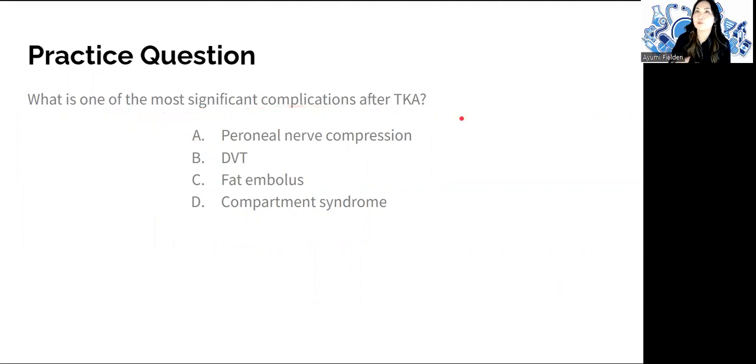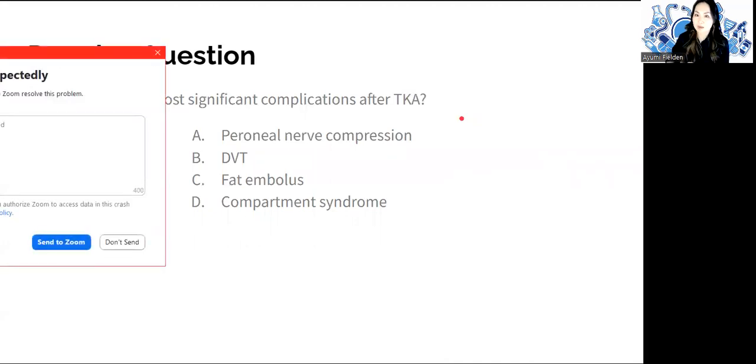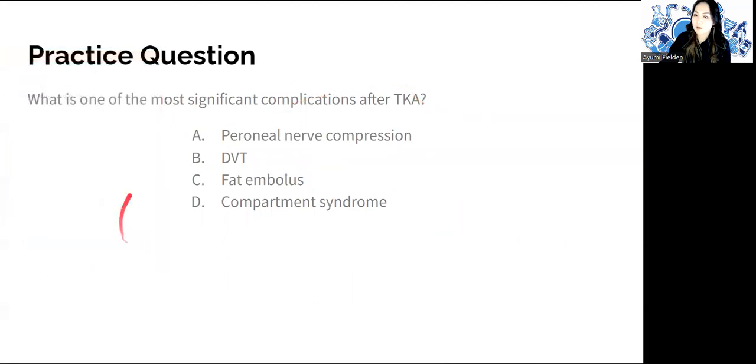So if you think about total knee arthroplasty, what are some complications you might see? You might see some of them here, right? But what is the most significant one? And so what could kill the patient? So think about that. All of them could kill the patient, but the most significant is deep vein thrombosis.